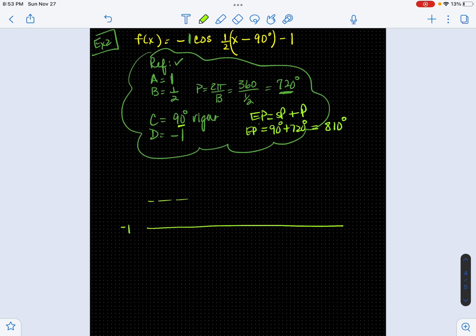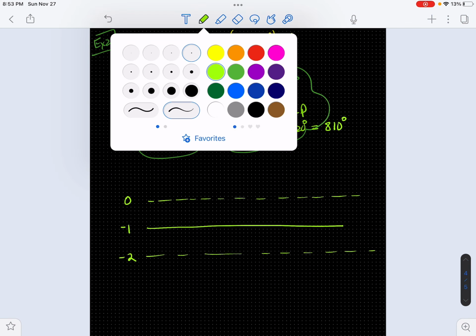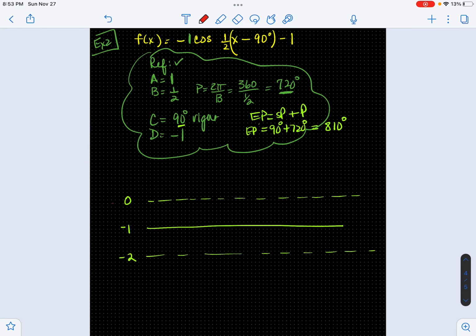So if you notice, it goes up to the x-axis, plus 1 and minus 1. So I already formed the x-axis. I'm going to just darken this line because I know that's the x-axis. Here we go. Then comes in the start point, which is 90 degrees. If this is 90, then the end point, we already calculated, is 810 degrees.